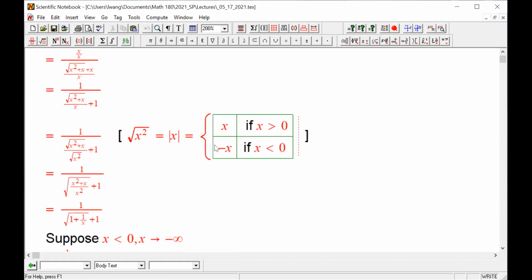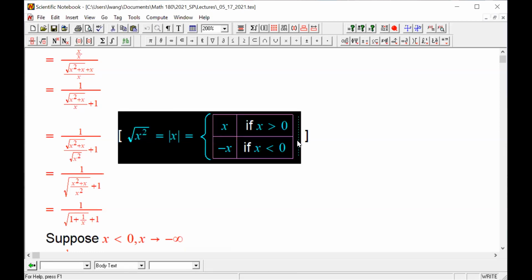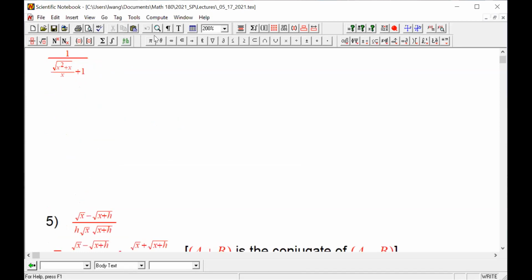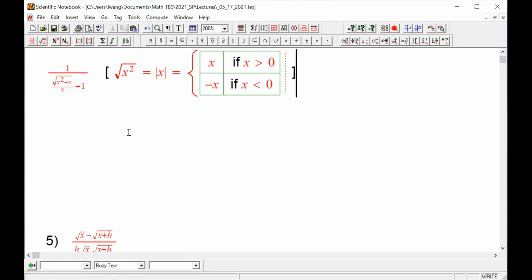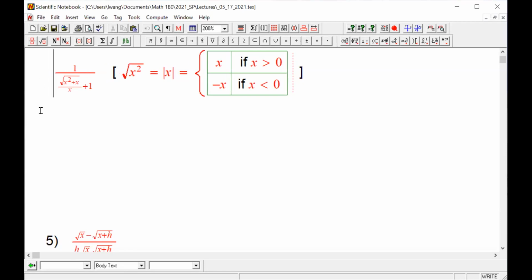Why is it going to be different? We're still going to be using this piece of information, which we are pretty familiar with, right? And the goal is still to move this x inside the root. And what do you do?